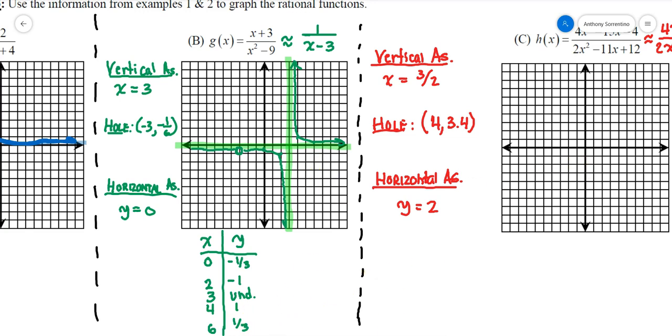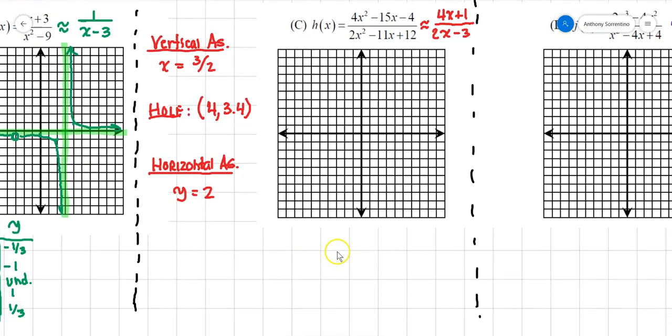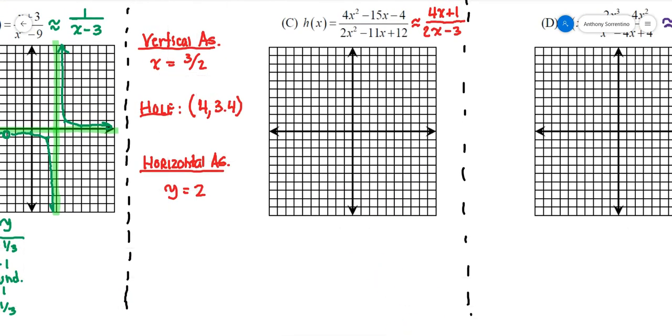For C, again, I'm going to start with plotting my horizontal and vertical asymptotes as well as the hole. So x equals 3/2. This one I might go with dotted lines because the 3/2 means it's 1.5. So like x equals 3, the vertical asymptote would be about here.